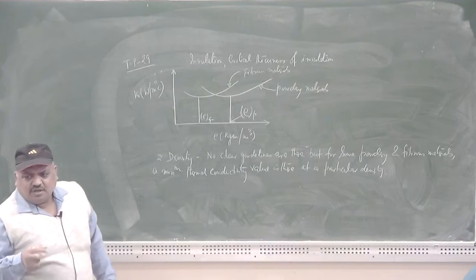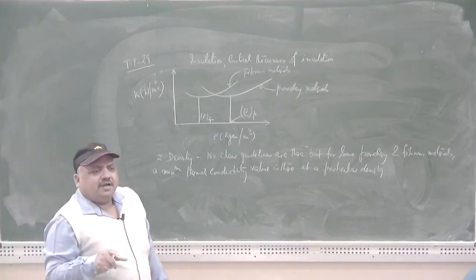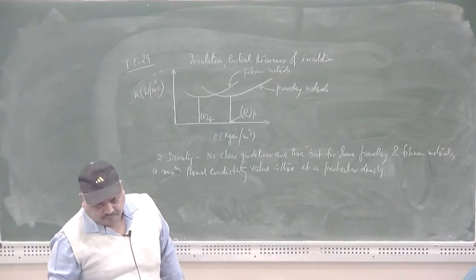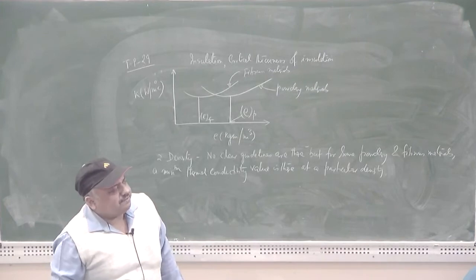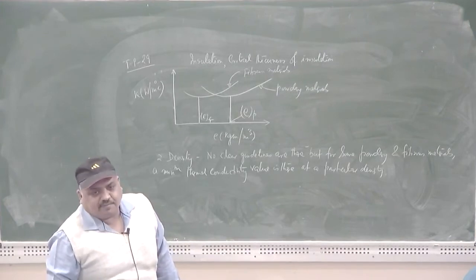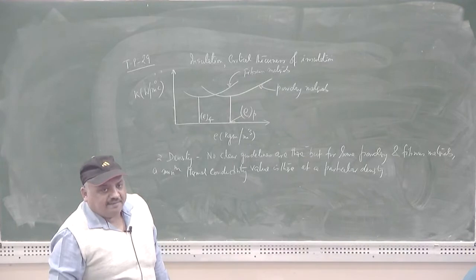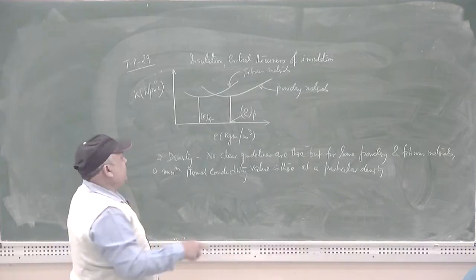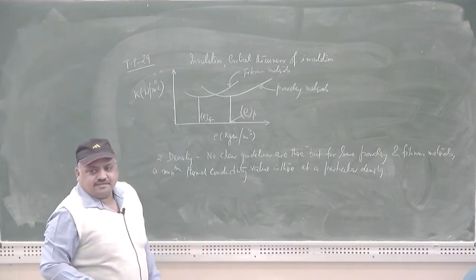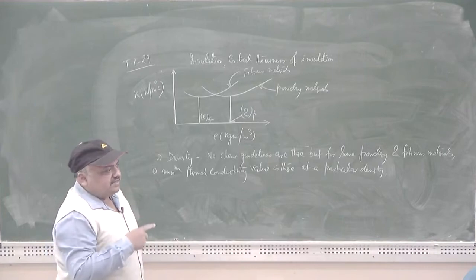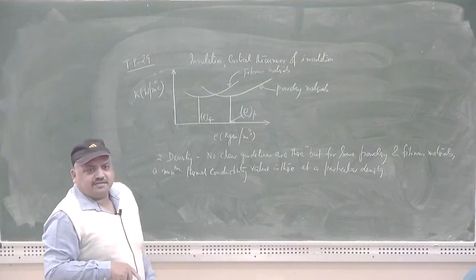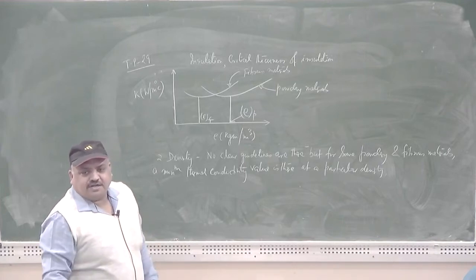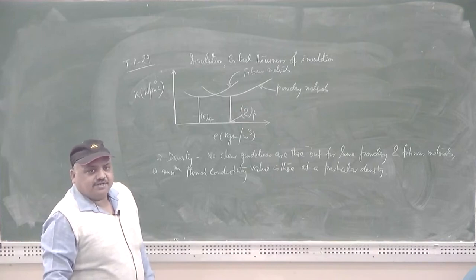So, this effect of density in the case of some of the fibrous and some of the powdery materials can be treated as guidelines, for which the data are available in the standard handbooks of heat transfer.